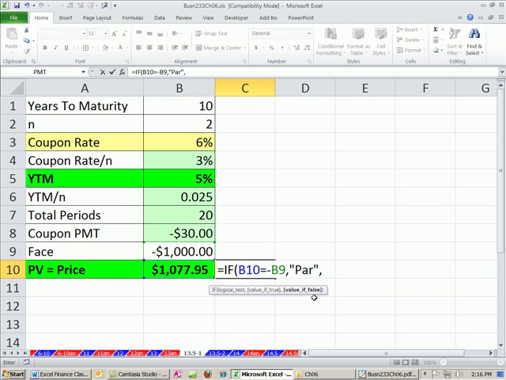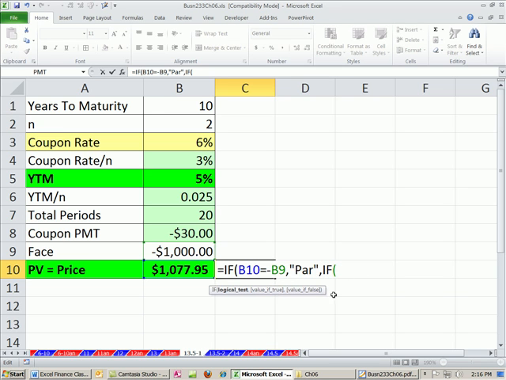Now we get here, and usually if you just have 2 things, you just put it there, whatever it is, and then that's your formula. But we have 2 things remaining. So anytime you still have more than 1 thing remaining, then you have to use a second IF. Because right now, it knows what to put in the cell if it's equal, but there's still 2 things, discount and premium.